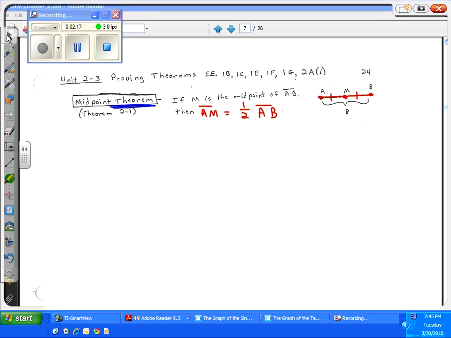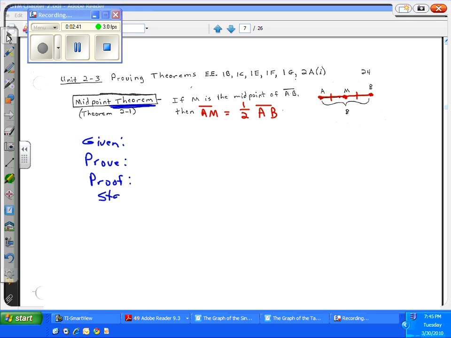Let's show you how a two-column proof works. Now, when I do a two-column proof, here's what I say. This is a little jingle that you'll have memorized before we get done, and that is to write the given, prove, and proof.